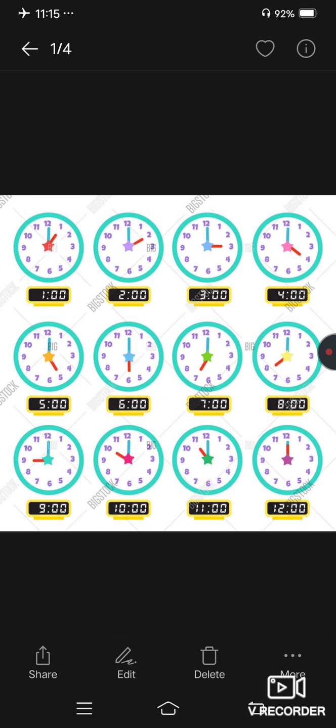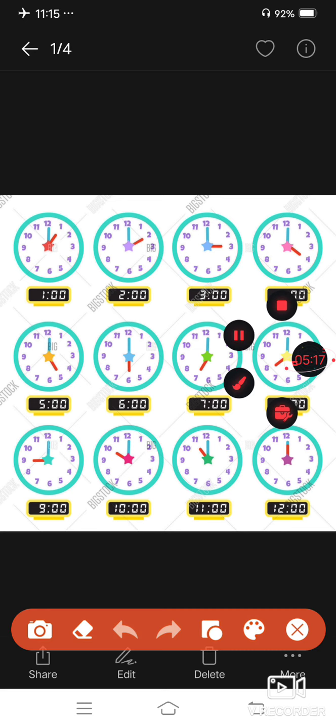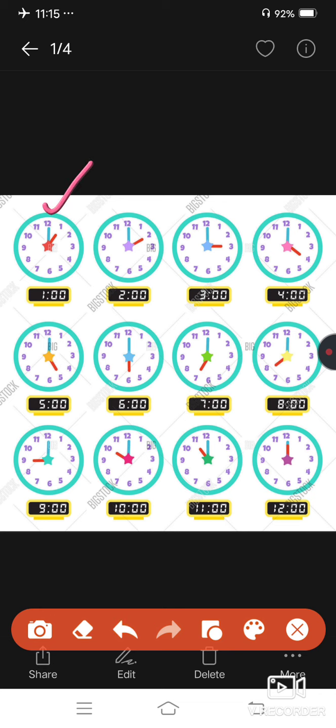Now let's take a look here. In the first clock, we have seen that the short hand is at 1 and the long hand is at 12. It means it is 1 o'clock.